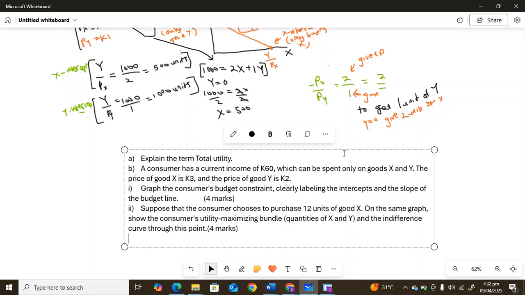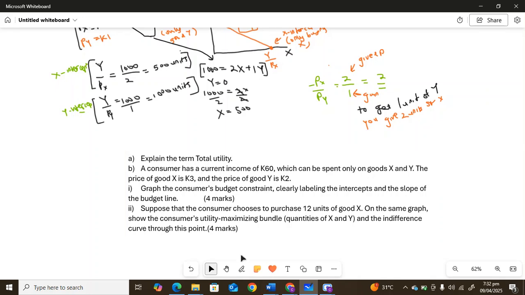It says, explain the term total utility. This is the total satisfaction you get when you consume a good. Total utility is the total satisfaction that you get whenever you consume a good.